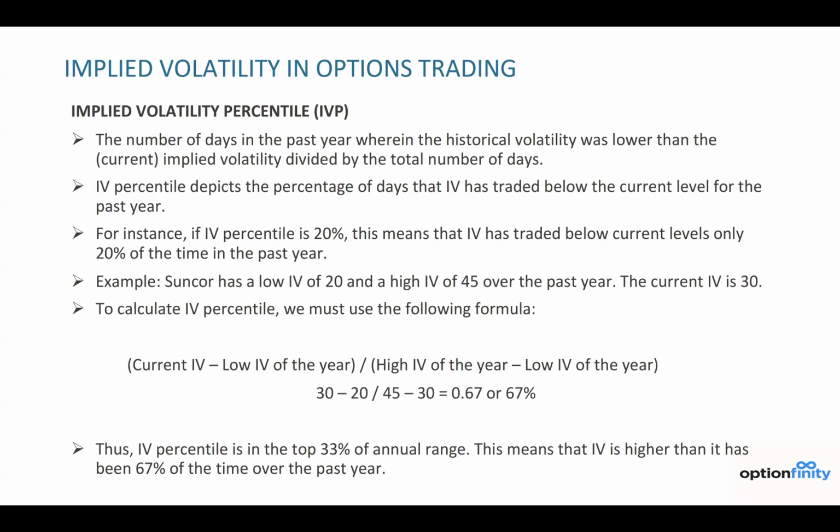This means that IV is higher than it has been 67% of the time over the past year, right? So that's important to note, because it tells you that IV is pretty high right now, and perhaps you want to avoid buying it, or maybe you want to sell some options using that information, right?